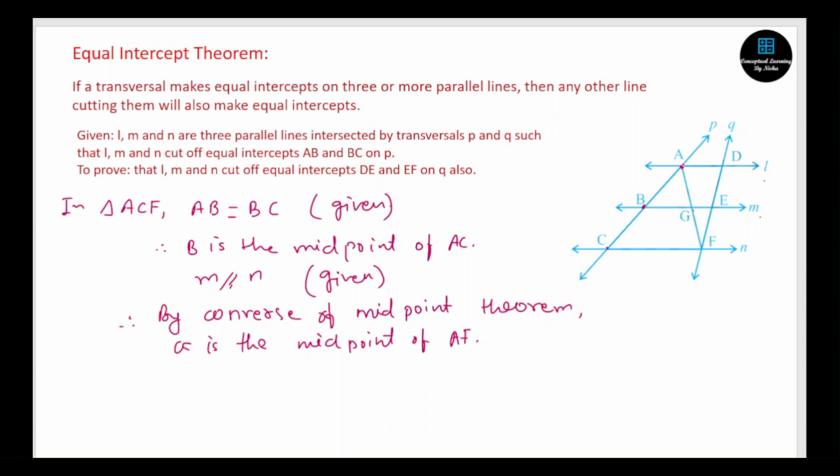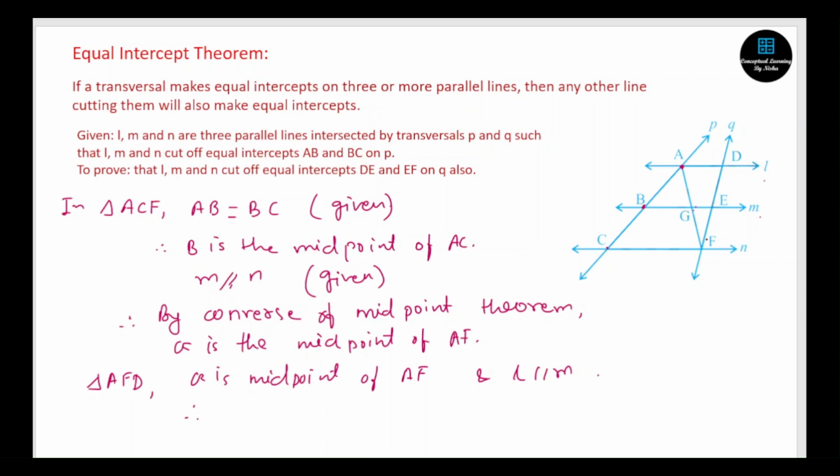Alright. Now, if I consider triangle AFD, then what happened? Tell me. Triangle AFD. Yes, many of you will tell it is easy now. So G is the midpoint here and L and M are parallel, right? We already proved that G is the midpoint of AF and L is parallel to M, given. Therefore, what can we say?